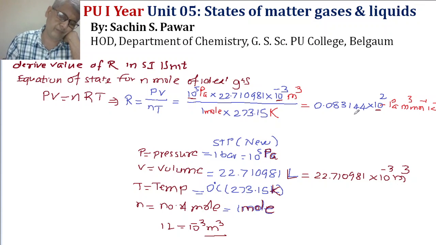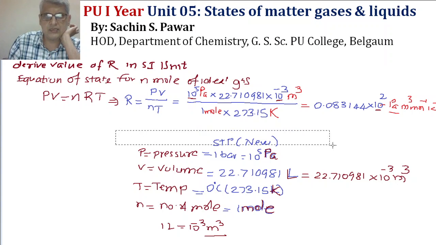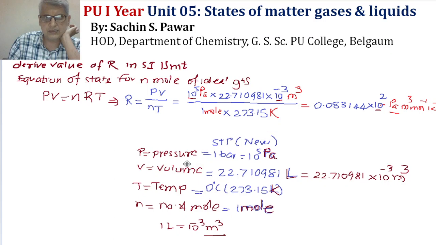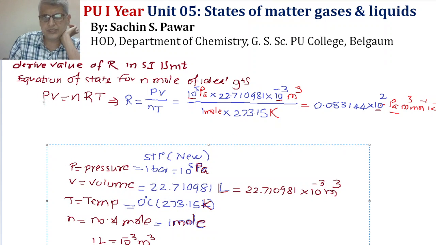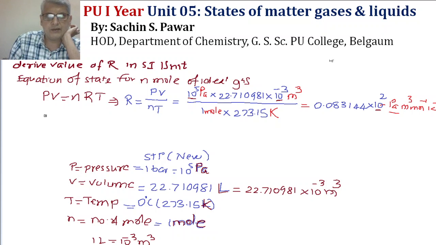Now what is Pascal? Now we'll go for basic units. Using these equations, we have got the value of R as 10 to the power 2 times 0.08314.